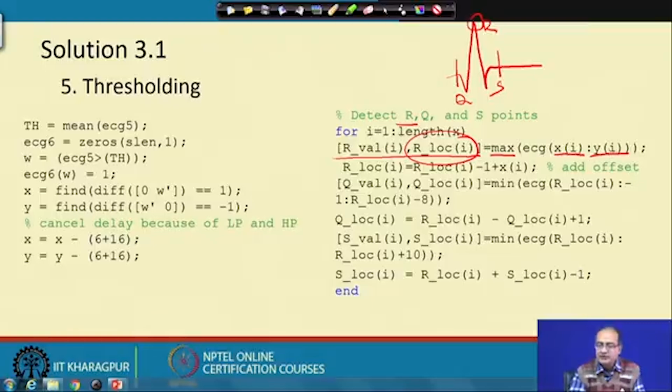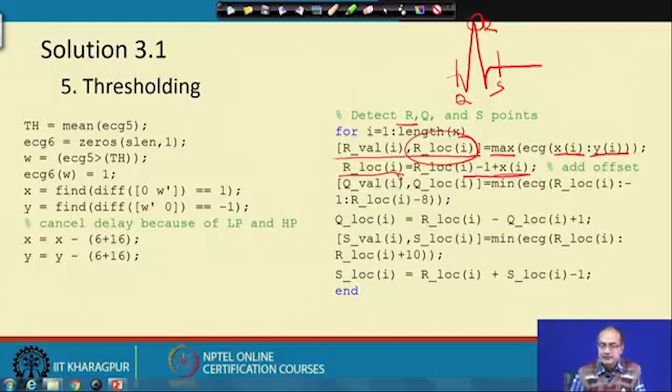So, the location is with respect to the start from xi. If we have to give it a global location, we need to apply an offset along with the location. So, we add xi minus 1 to that location. That is how we get the location r underscore location I, which will be aligned with the ECG signal.